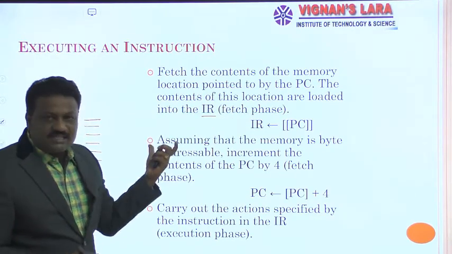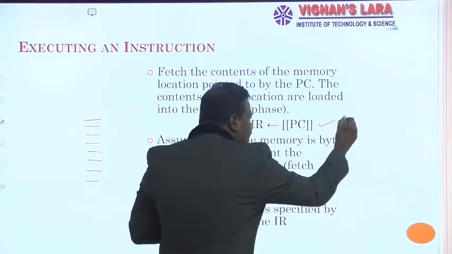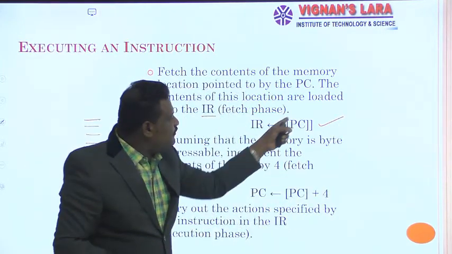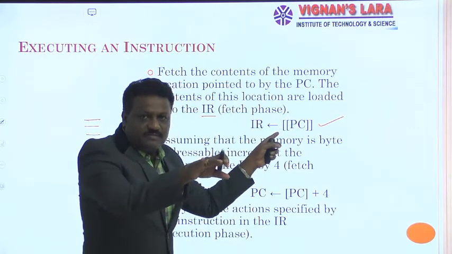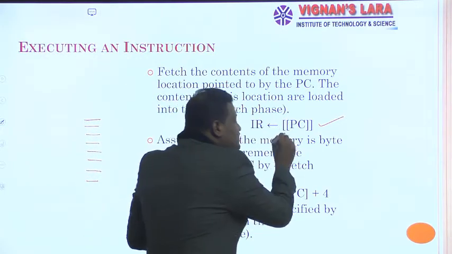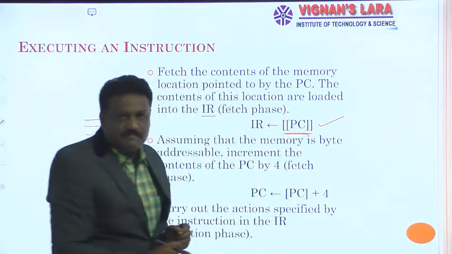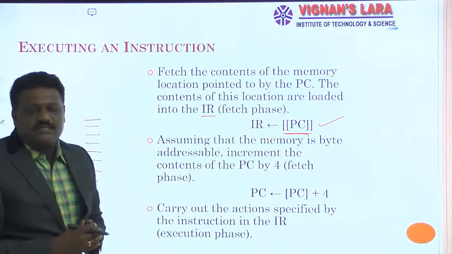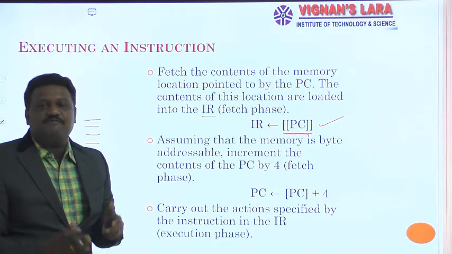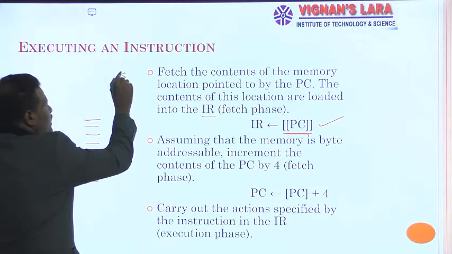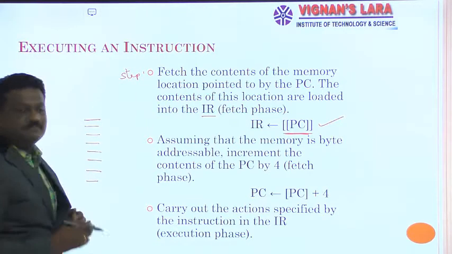I can represent that in terms of an RTL statement: the contents of a PC specified location are copied onto instruction register IR. This is the first step in execution of an instruction.